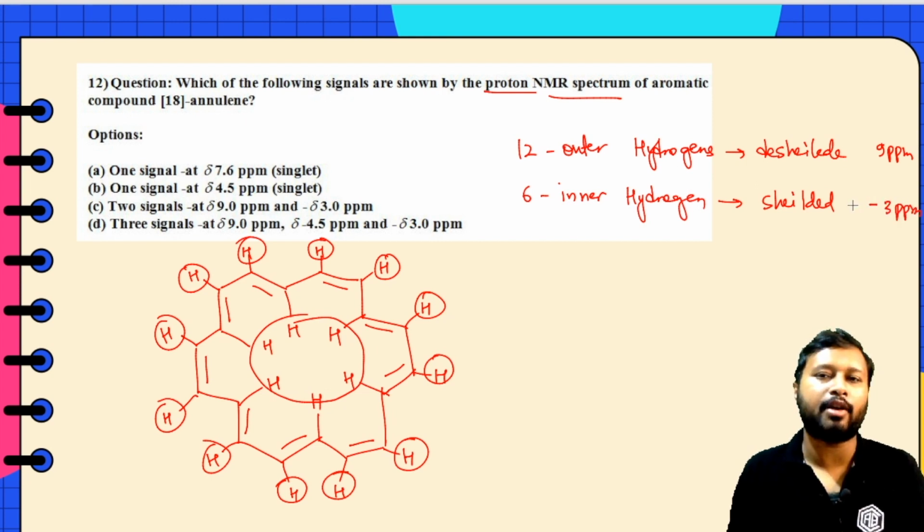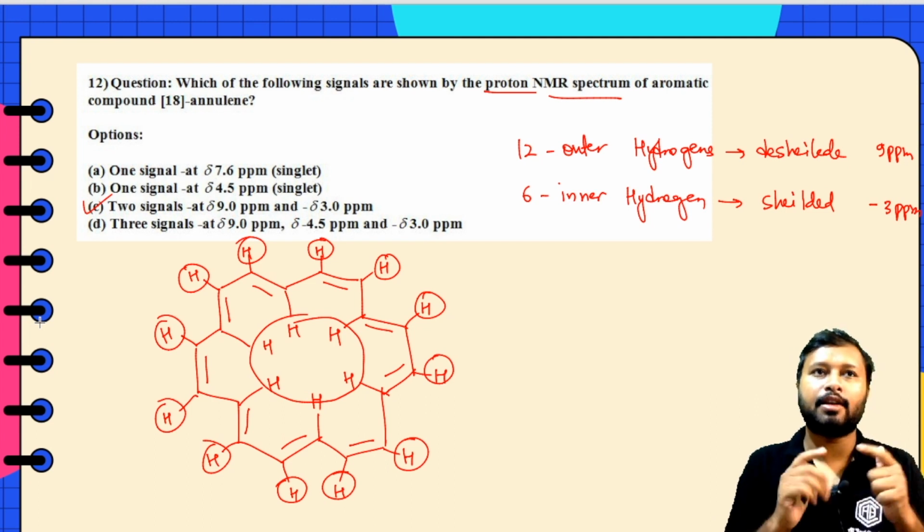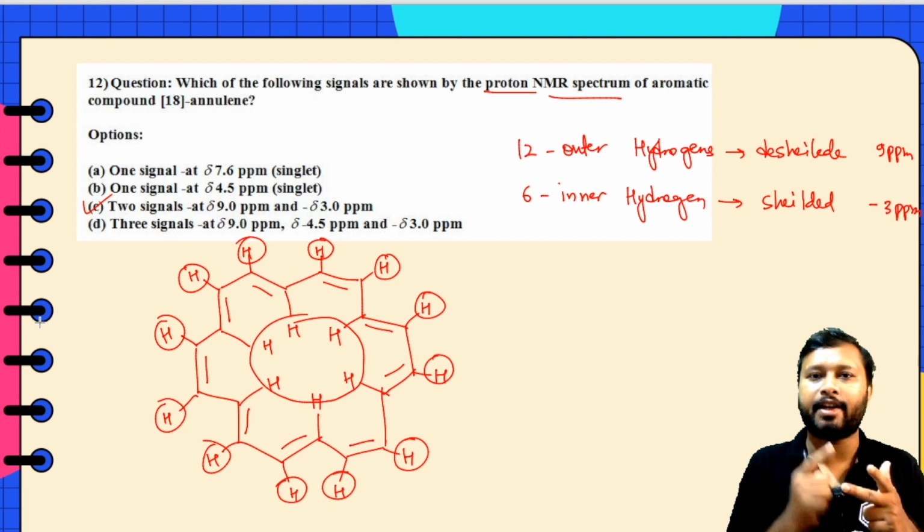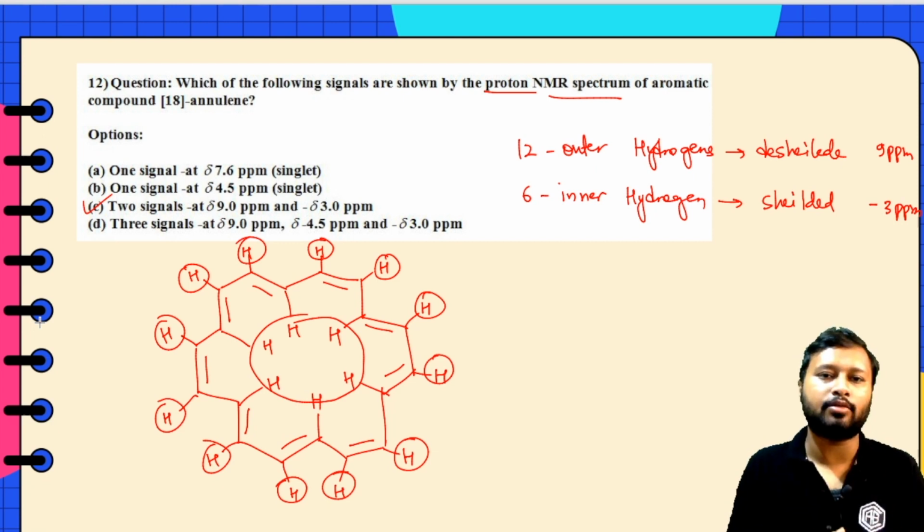Okay, so they give you a very low chemical shift. So that's why the correct answer is the option with these values. That's how it will be done. So you have to study about annulenes, 14 annulene and 18 annulene. These are mostly asked. So just look upon the NMR spectrum of them. How many types of hydrogens are there and what are the chemical shift values of them. Okay, that will make it very easy for you if the questions are asked in the exam.